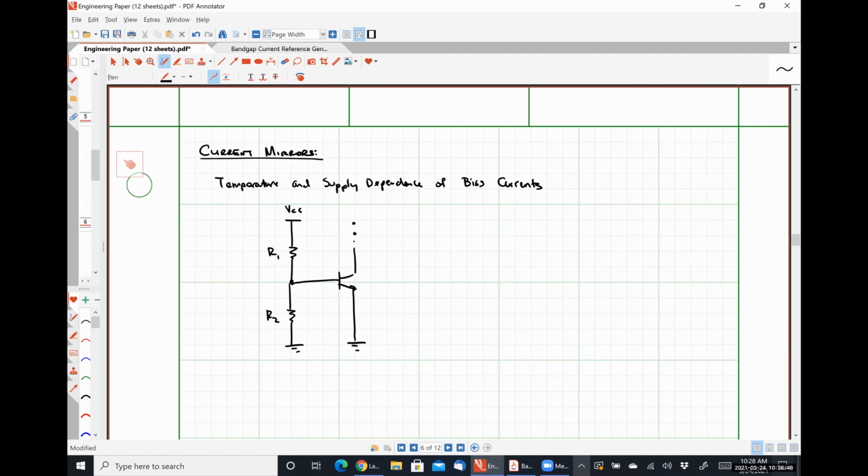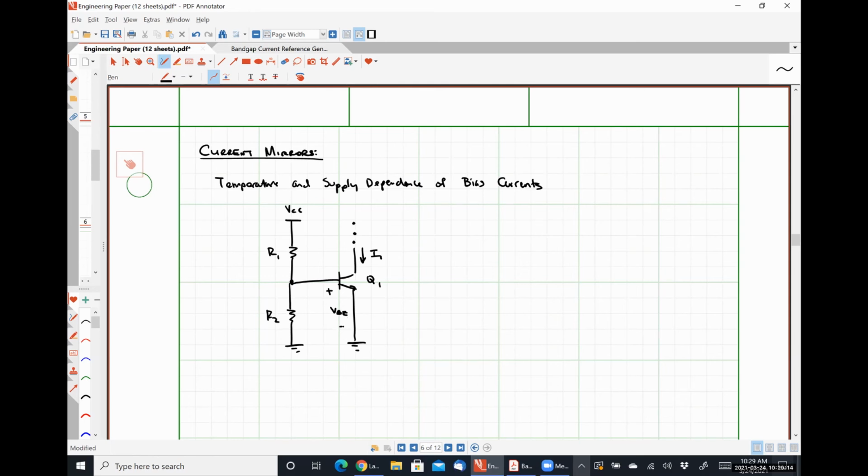And I'm just doing these dots or ellipses, whatever you want to call them, right here to signify that we don't have an open circuit. We are connected to some sort of load so that there is not an open circuit for current to flow, okay? This is our base emitter voltage, VBE.